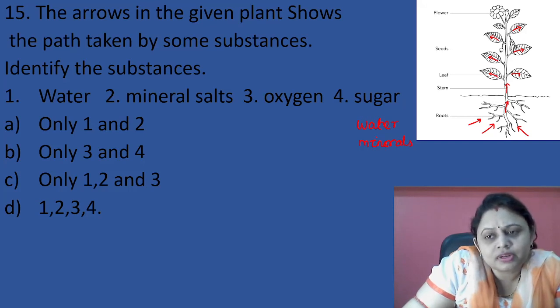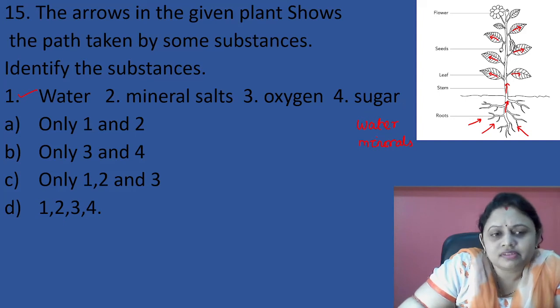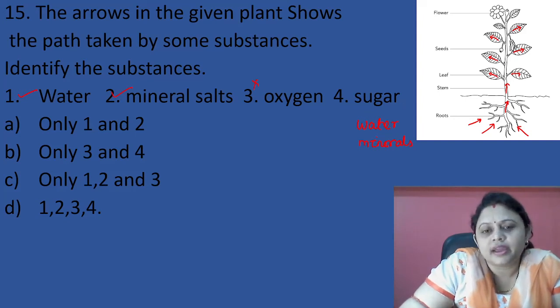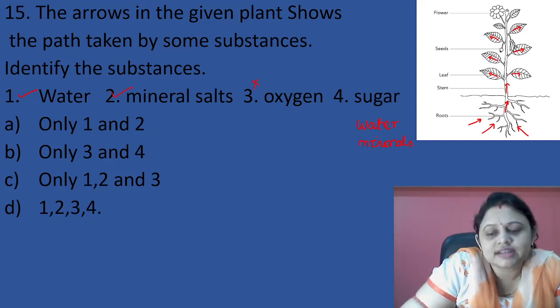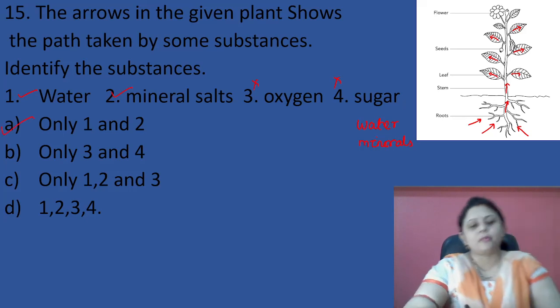The water and minerals are going to the leaves and everywhere else. So water, yes, it is the answer. Mineral salt, yes, of course, it is also correct. Oxygen, no. Oxygen is taken in from the air, not from inside the soil, and not the sugar also. So which is the correct option? That is water and mineral salt, that is present in option A.